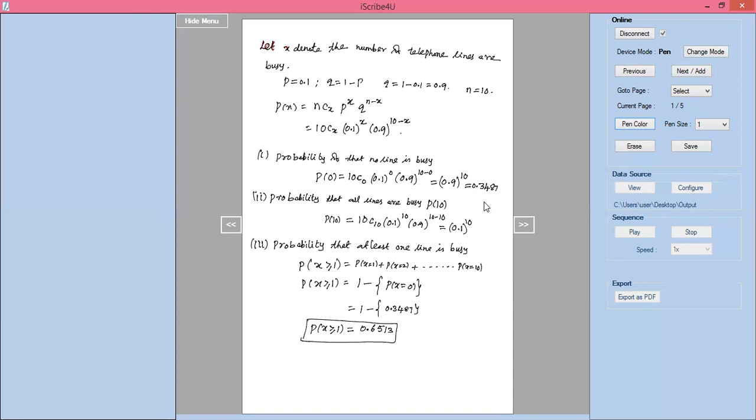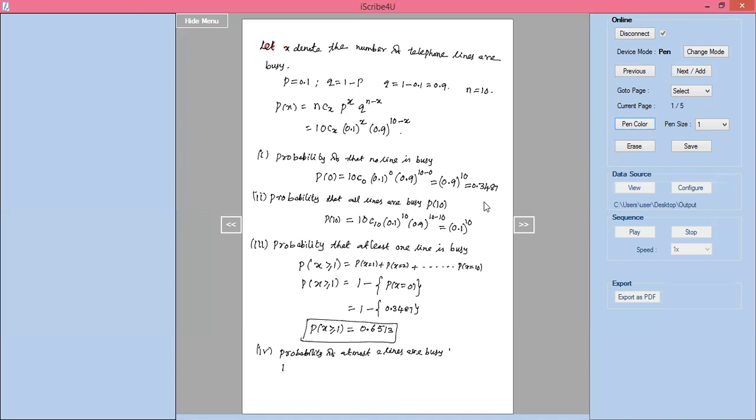Now the fourth one is the probability that at most two lines are busy. At most two lines means either no line is busy, or one line is busy, or two lines are busy.